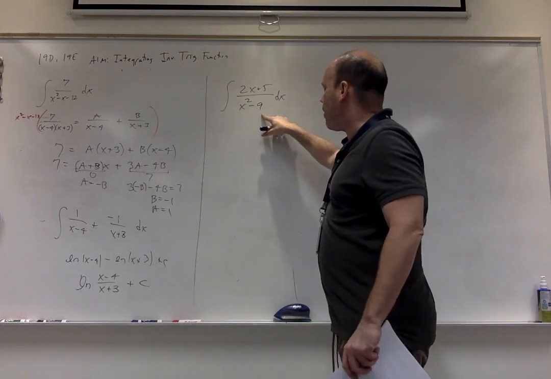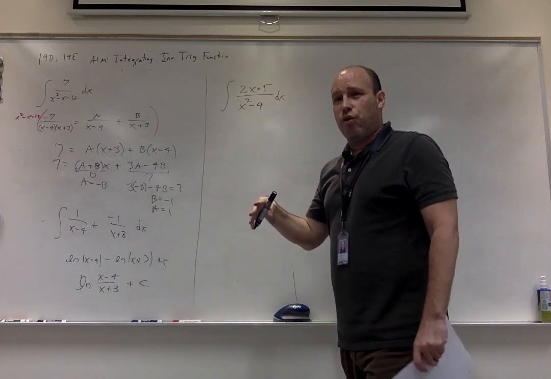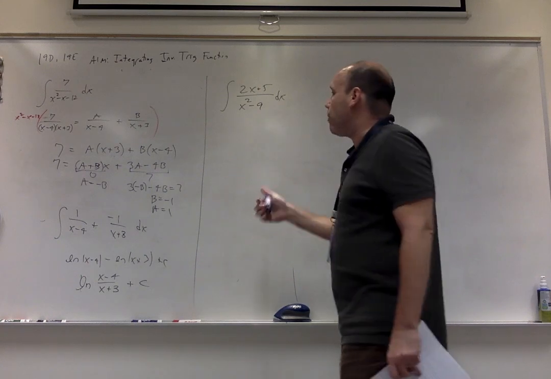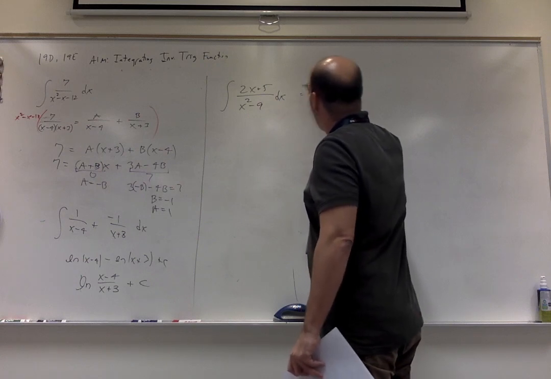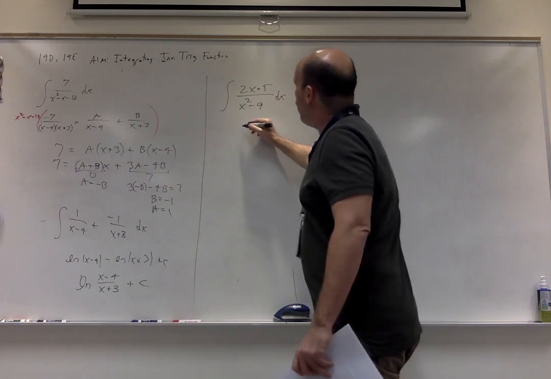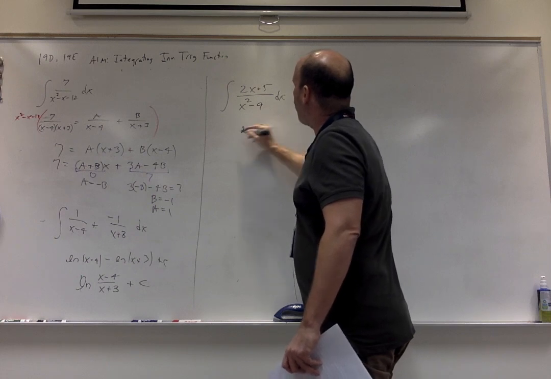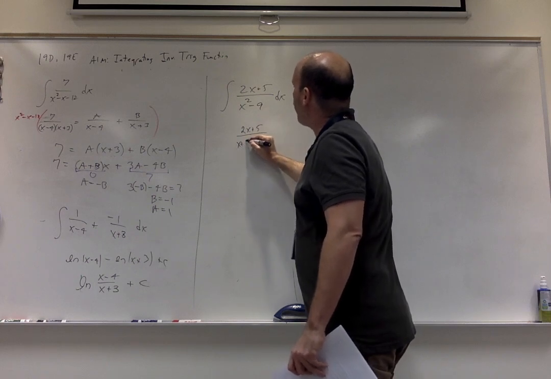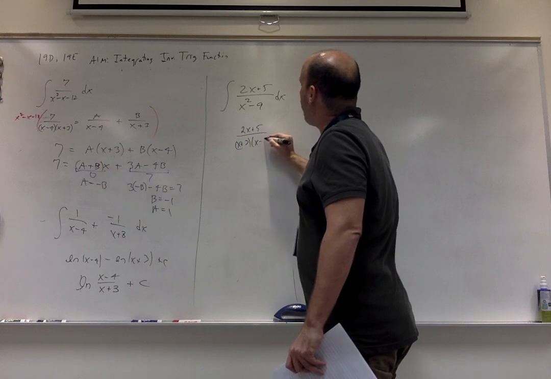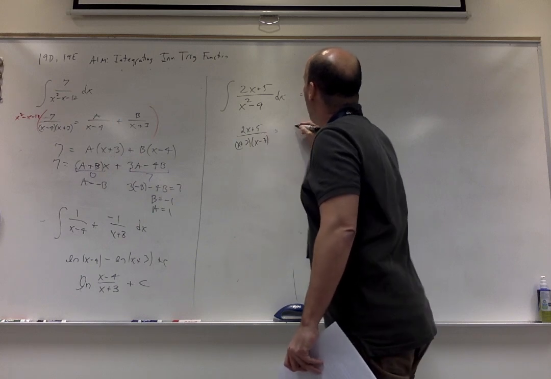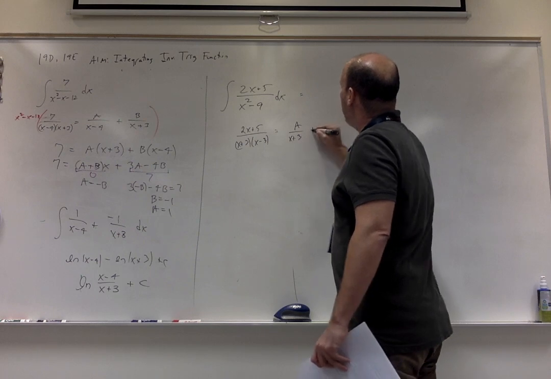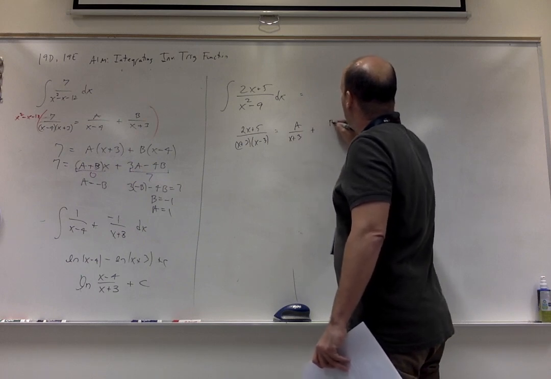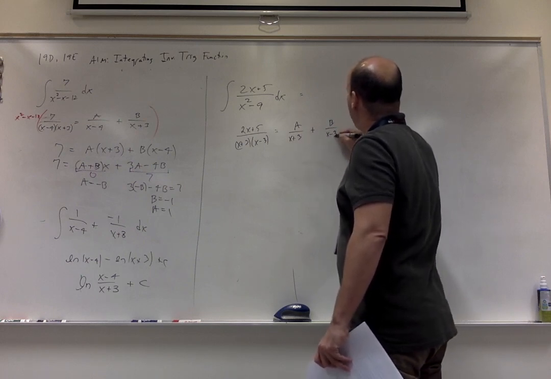It's not a trig formula. It's not one of the integral formulas of the book, so you're going to have to factor it. So we're going to rewrite this as the integral. Oh no, let's take this down. So we know it's 2x plus 5 over x plus 3 times x minus 3. And we know it's going to be a over x plus 3 plus b over x minus 3.